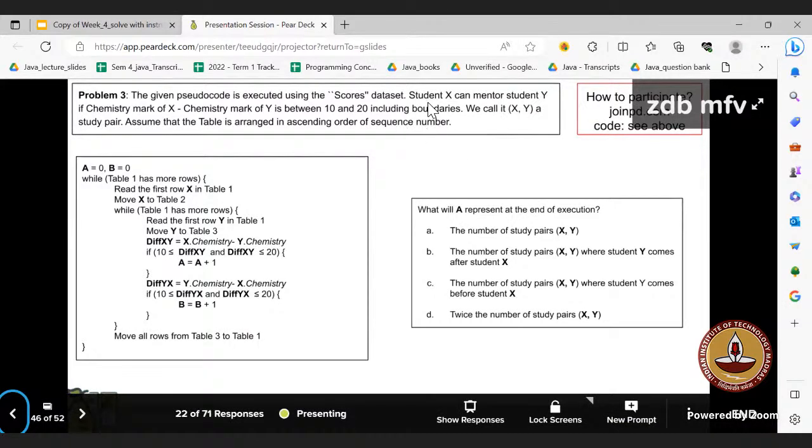If they are arranged in the ascending order of sequence number 1, 2, 3, 4, then what is your X and what is your Y? What will be the order of your X and order of Y? If Y is coming after X, see, let us see the case. If X chemistry marks is 20 and Y chemistry marks is 30, then will it be counted?